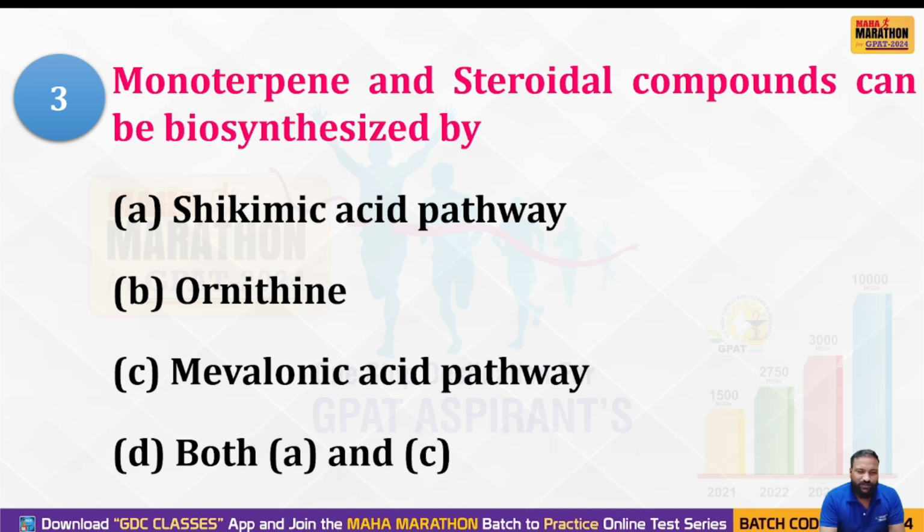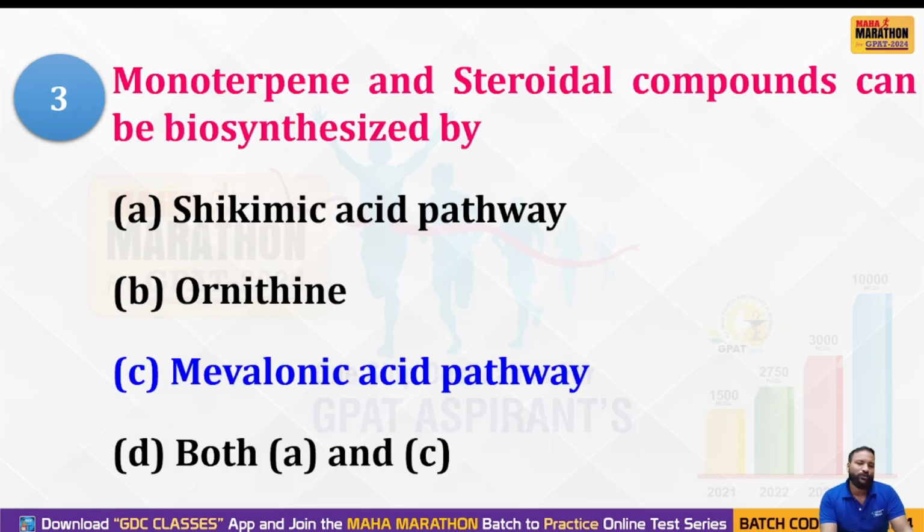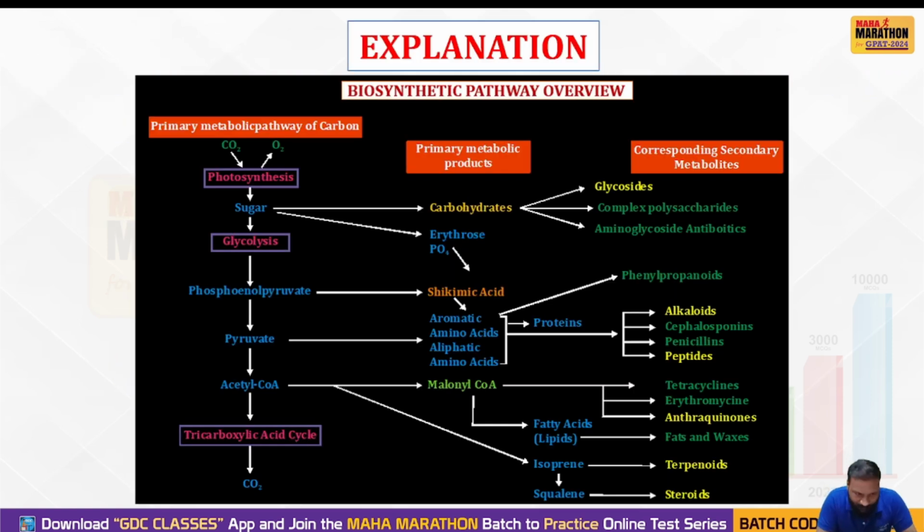We'll see the right one so that we can go for the brief explanation of this question. Option C is mevalonic acid pathway, and this was the explanation. Monoterpene and steroidal compounds can be synthesized by this mevalonic acid pathway.